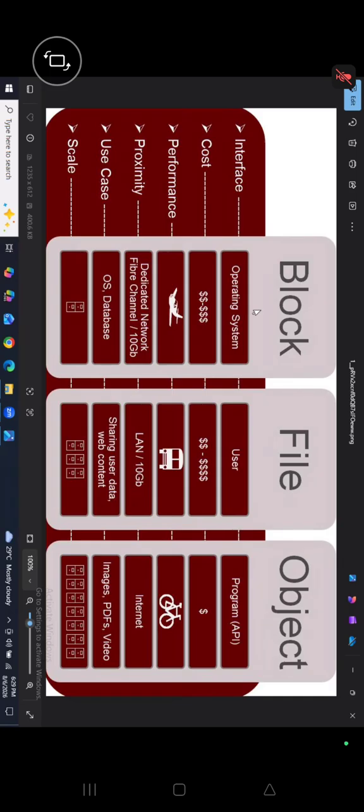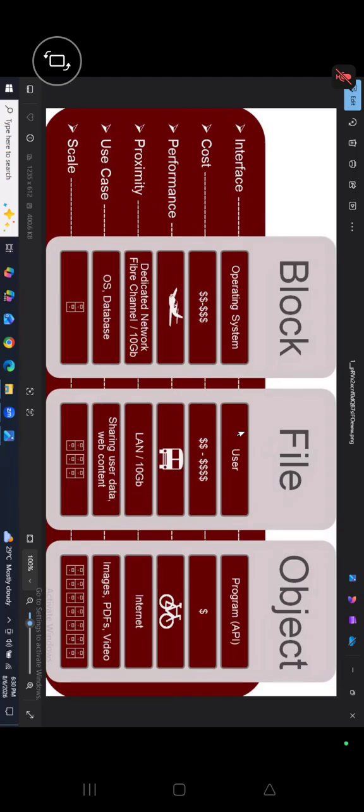Coming to file storage, the best example you can say is a share folder. In Windows we have a share folder, right? For example, I need to share data between my employees in my organization. If you're using the Windows operating system, we use a share folder.